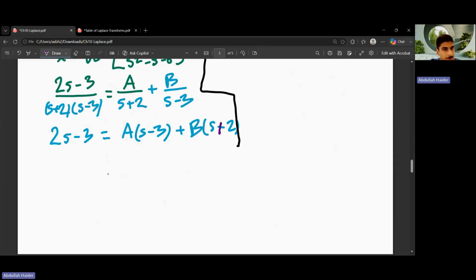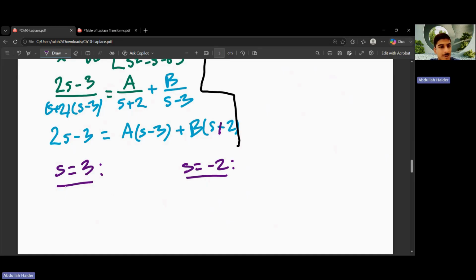Now there are many methods of finding these constants, because in Calculus 2 you might have only learned doing s equals 3 and s equals minus 2, basically trying to make one of these 0. You can do this here, but the problem is you will not always have such simple partial fractions to do. So there is more than one method to solve partial fractions for finding A and B.